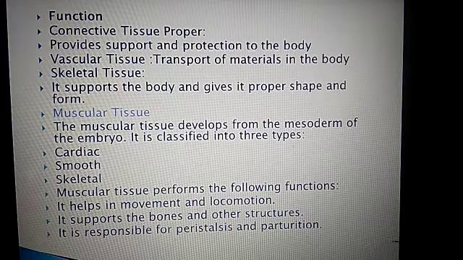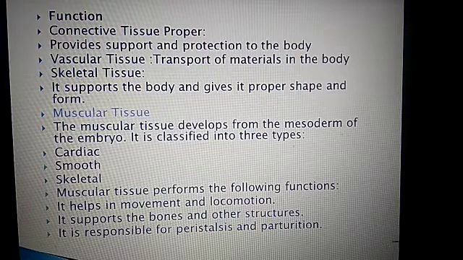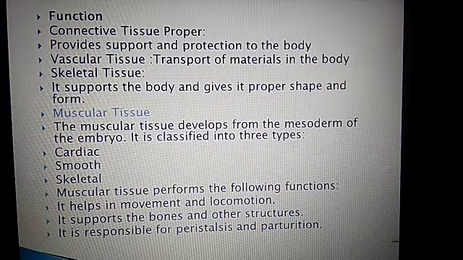In adipose tissue, fat is stored in the form of fat droplets in a large central vacuole, and these cells are supported by a loose framework of areolar tissue. This tissue is found just below the skin or between the coils of the intestine. Its primary function is to store energy and fat.